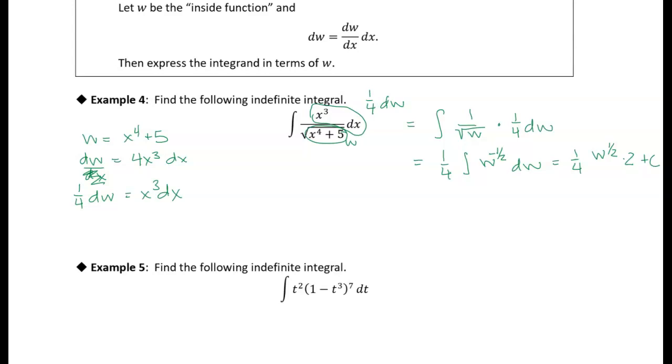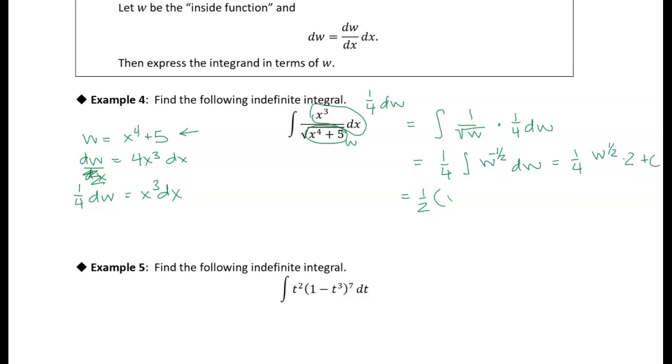Okay, so we end up with, I can combine the 1/4 and the 2, and what I end up with is 1/2, and then I have w to the 1/2, but now I can go back to my original definition of w and write it in terms of x again.